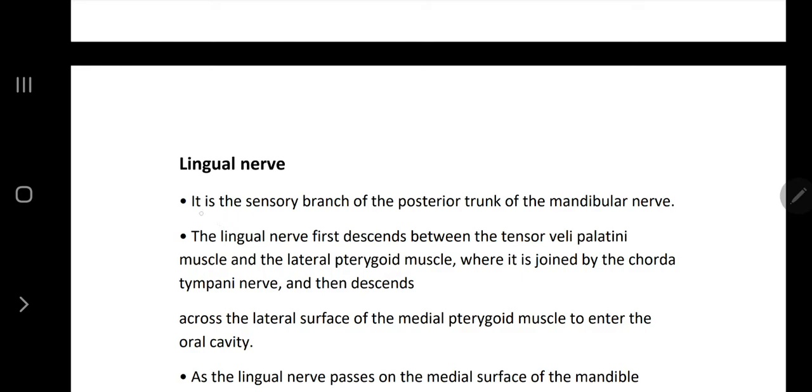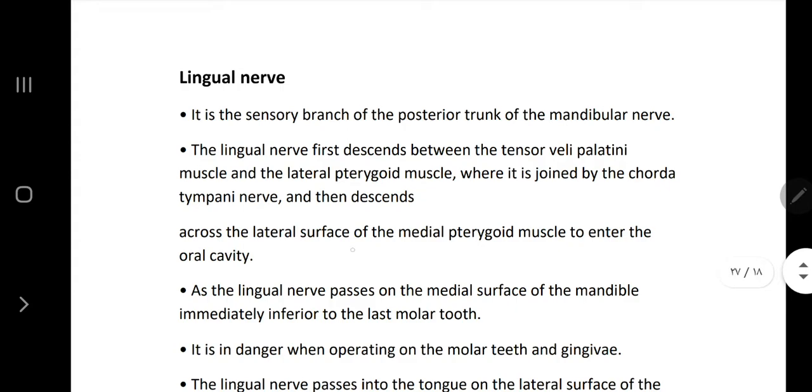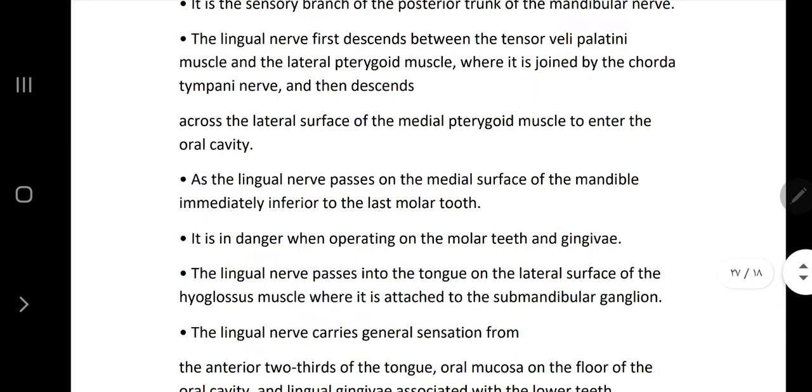And the lingual nerve. It is the sensory branch of the posterior trunk of the mandibular nerve. The lingual nerve first passes between the tensor veli palatini and the lateral pterygoid muscles, where it is joined by the chorda tympani nerve, and then passes across the lateral surface of the medial pterygoid muscle to enter the oral cavity.